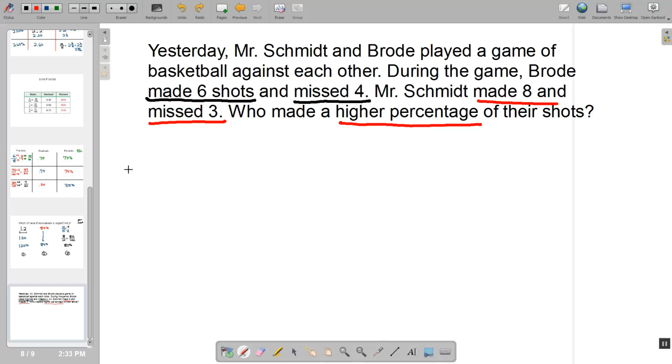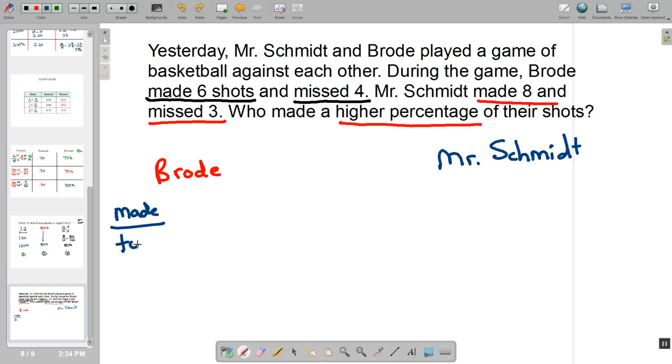So what I'm going to do for this problem is split it up into 2 parts. I have Brody here on the left, and I'll put myself here on the right. Now we need to figure out who made a larger percentage. So we need to know made out of the total number of shots.